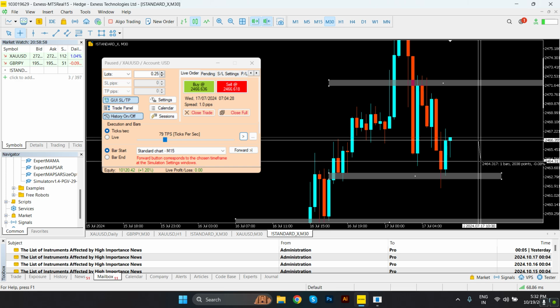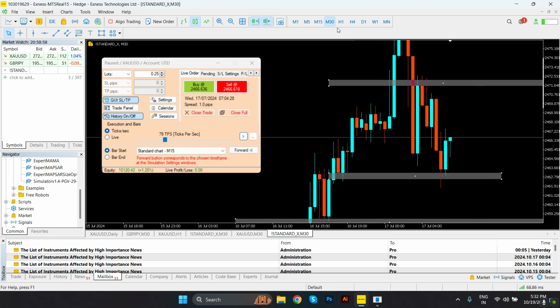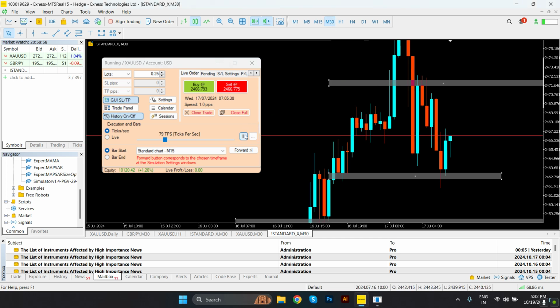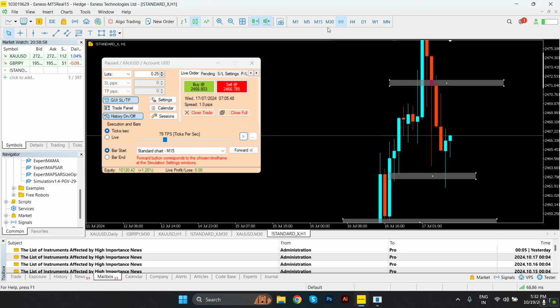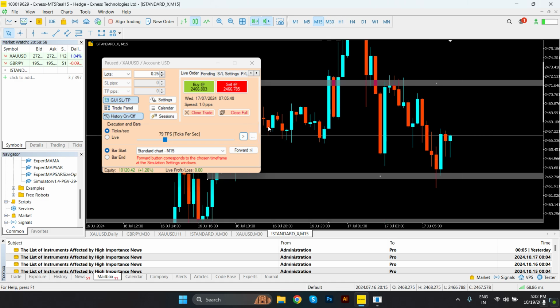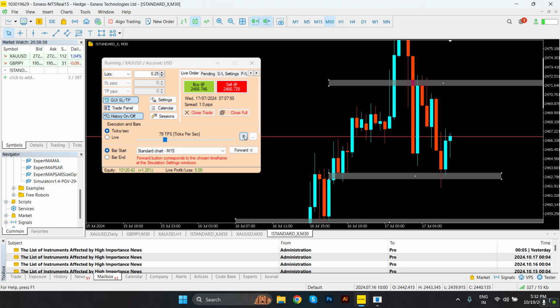Maybe keep the stop loss below this 15-minute candle. This is still the London open. This will be a 24. I want a good bottom wick.